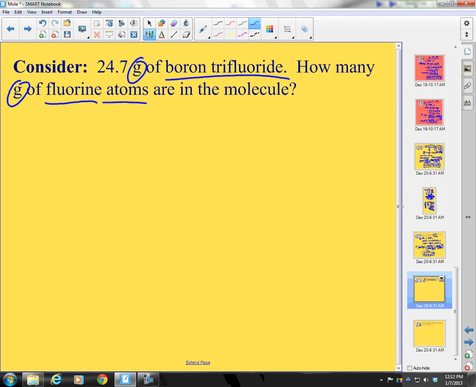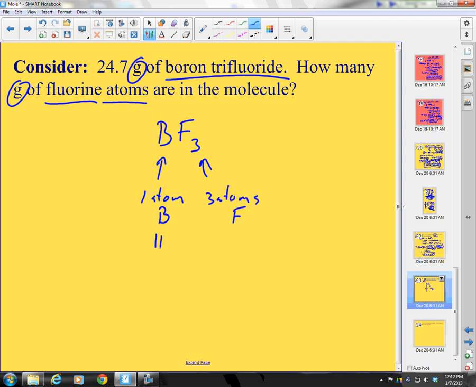The answer is no. When I look at my formula, boron trifluoride, what does that represent? This formula says that I have 1 atom of boron for every 3 atoms of fluorine.